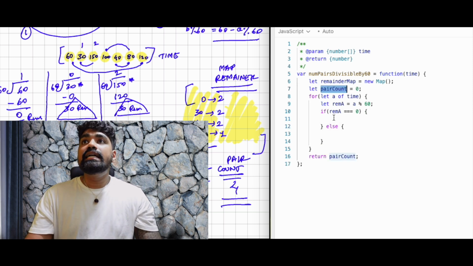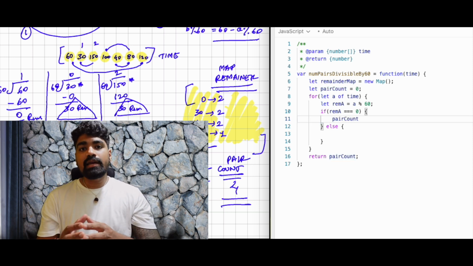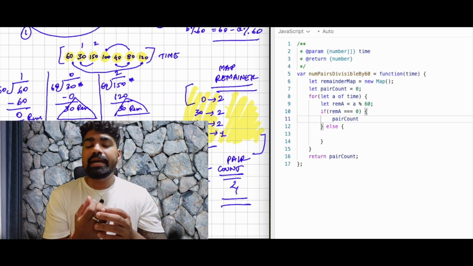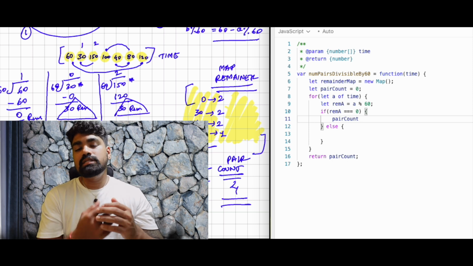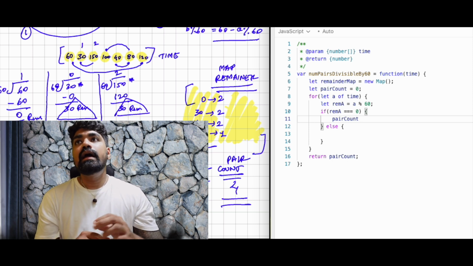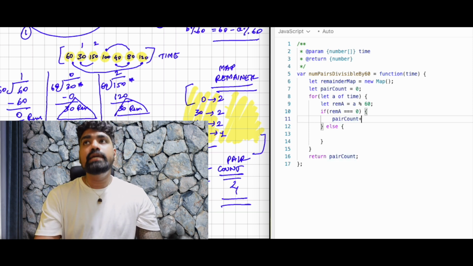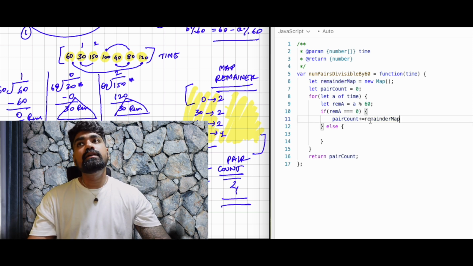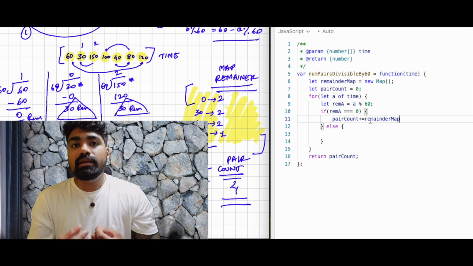And the condition 1 check says that if you already have a, try to find the value against the remainder of 0, because against 0 we are trying to see if we can form a pair, and that pair will be something like pair count is going to be plus or equals to this remainder map of ours that we have, along with the complement that we are looking for.